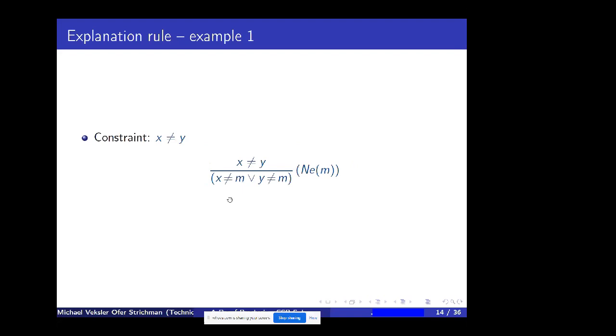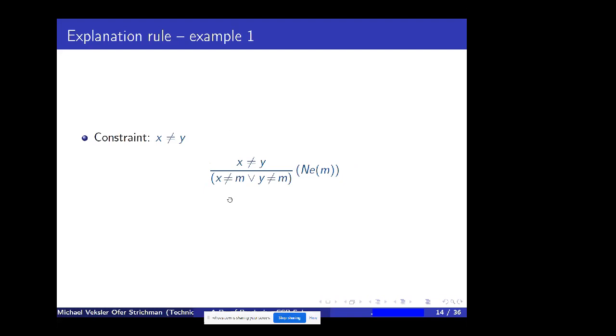Suppose your constraint is x different than y. This is a parameterized inference rule. It's parameterized by a constant m. I hope it's not hard to see that this inference is sound for every m. For example, take m equal to 7.